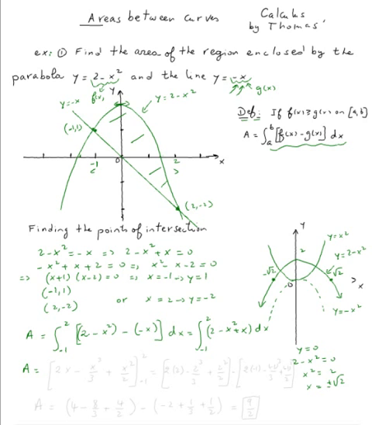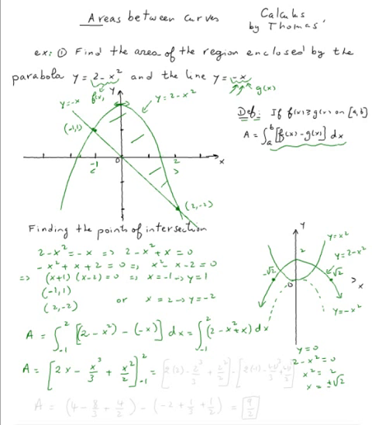So the area is equal, now we need to take the antiderivative. The integral of 2 is 2x, minus the integral of x squared, which is x cubed over 3, plus x to the 1 means x squared over 2, and we want all of this between negative 1 and 2. Now all we do is plug in.